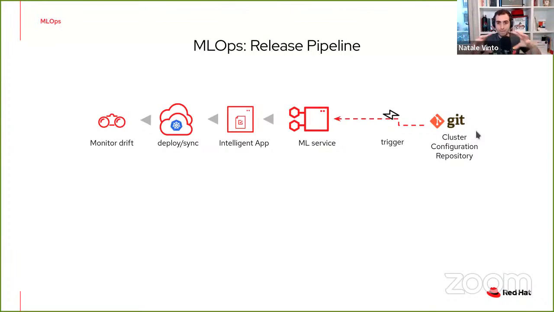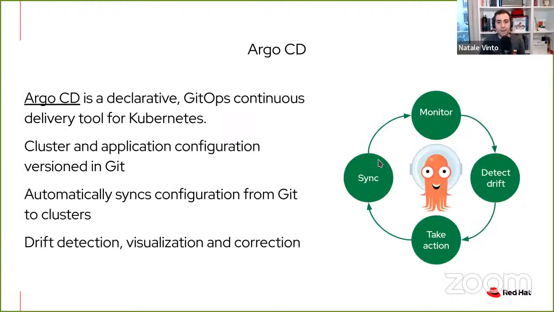After you have the build, you also want the release of the intelligent application from your model. In this case, you can use the GitOps approach. You store all your configuration in Git, and use a Git workflow to start the deployment of the application. This could be done with another popular open source software for implementing GitOps workflow on Kubernetes, called Argo CD.